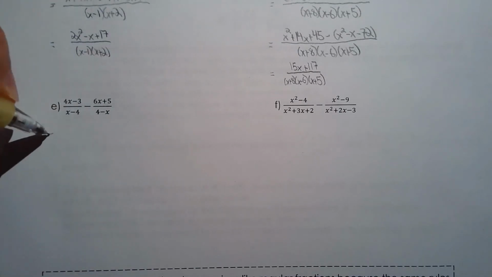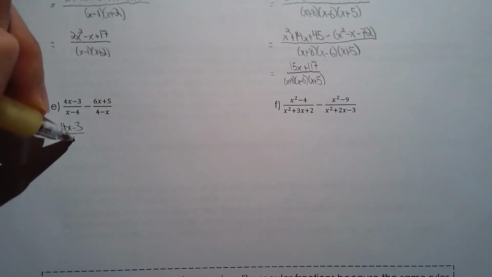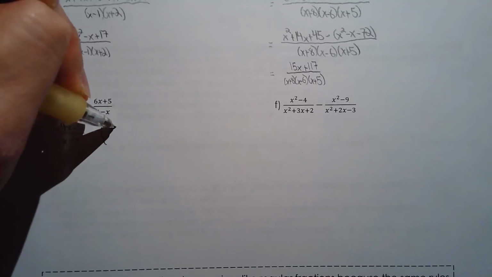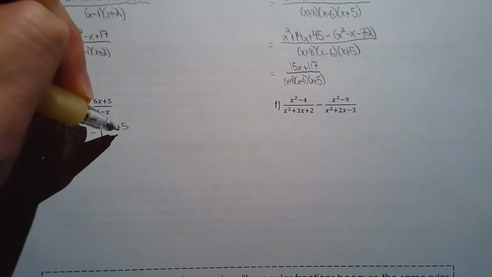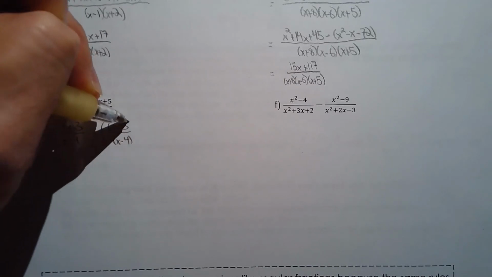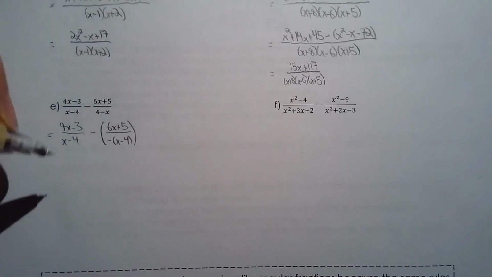So I'll show more steps, but you'll see this in the homework. And let's do this. Right? It's like subtracting by a negative number, which means you're adding.